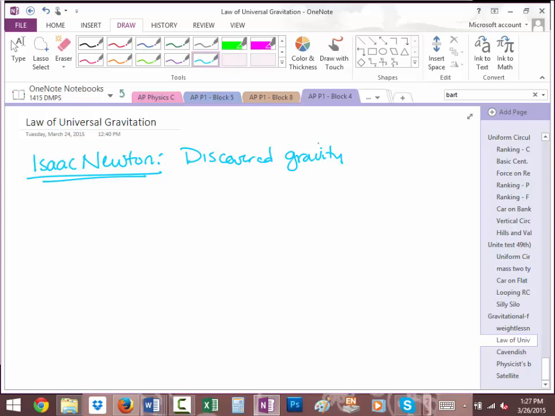There was no gravity! How weird is that? Did you know that prior to that time, everybody was just floating around? Woo! Then all of a sudden, Isaac Newton's like, gravity! Everything falls. Did he discover gravity, friends? No. What did he really do? He made the law of gravity.